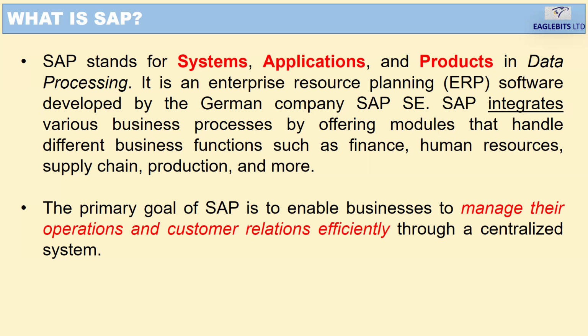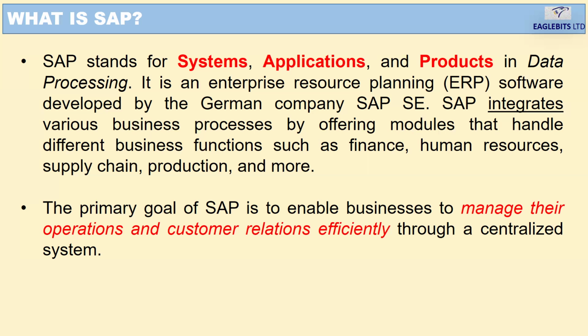So the buzzword here is enterprise resource planning, the keyword being enterprise. So basically, it's an enterprise-wide software that integrates all business processes. It just brings all business processes into one box.